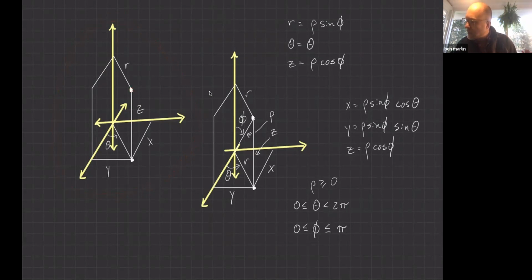I should probably have labeled my point with x, y, z, but you could also label it with r, theta, z. Your x coordinate is the distance away from the y axis on the xy plane, your y coordinate is the distance from the x axis on the xy plane, and your height above the xy plane is given by the z coordinate.